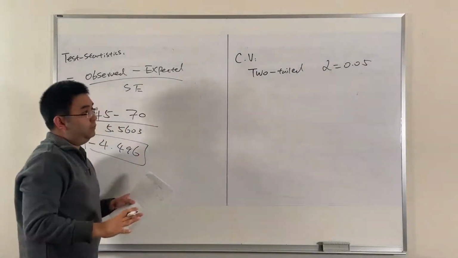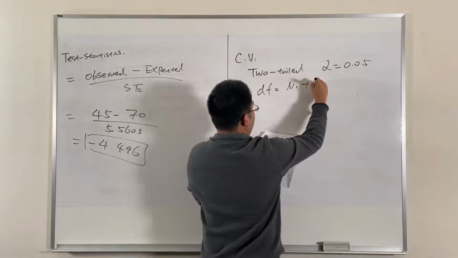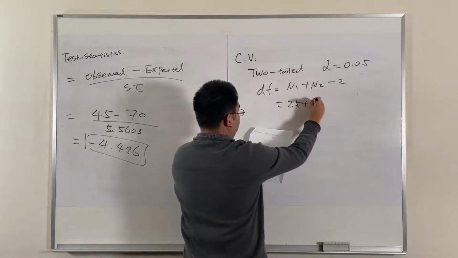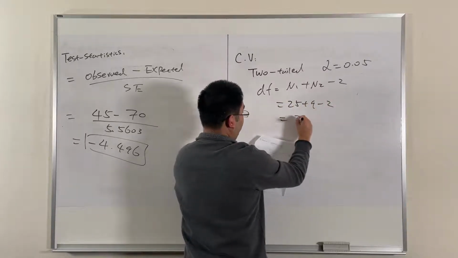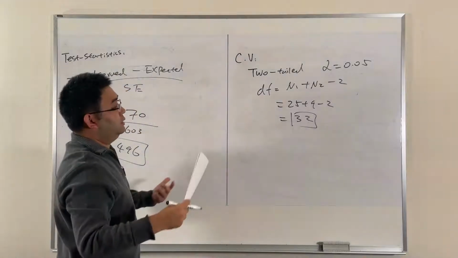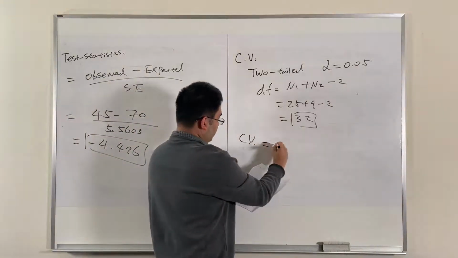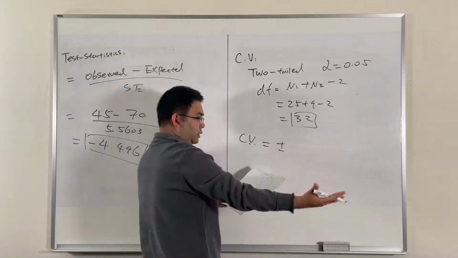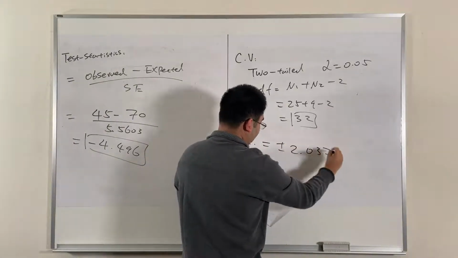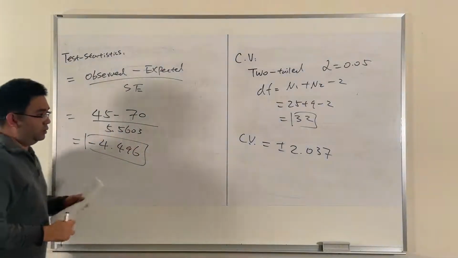Since we're doing pooling, the degrees of freedom is n1 plus n2 minus 2, which equals 25 plus 9 minus 2, that's 32. Then we use our t-table. The critical value we get is plus or minus 2.037. You can look at the positive side or the negative side.